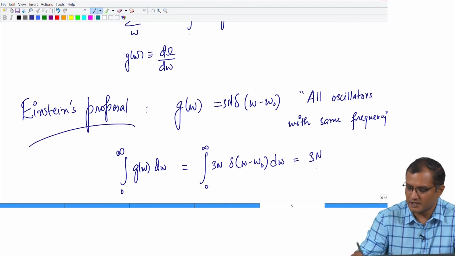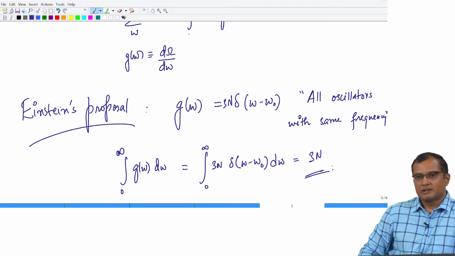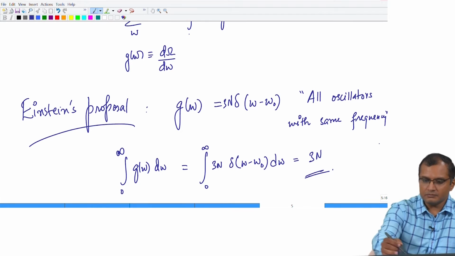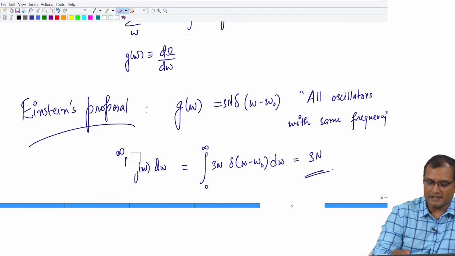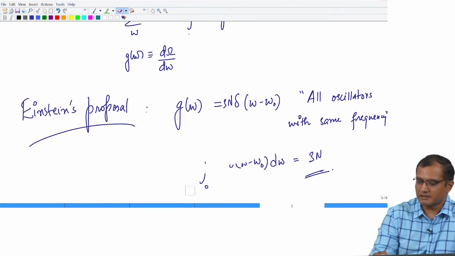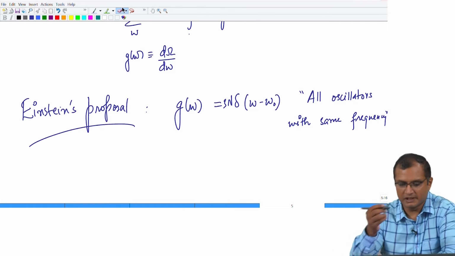Then this simply gives me the number of oscillators. So we are going to take this example of the Einstein's oscillator or Einstein's model and proceed with the calculation.